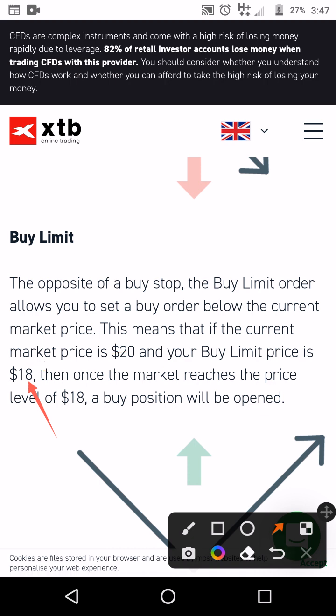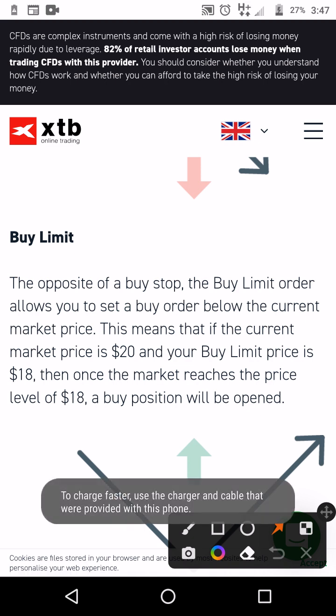So let's say you set it at $18 and now the market reaches $18. Once it reaches $18, a buy position will be opened.